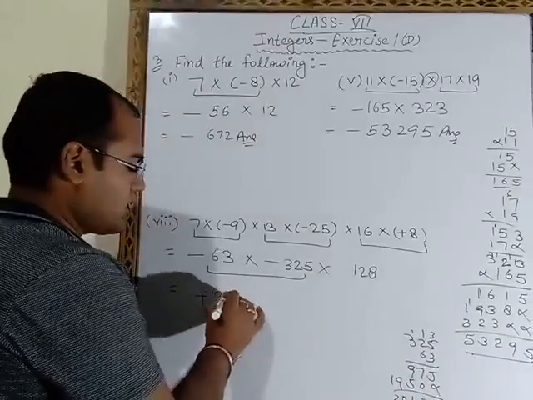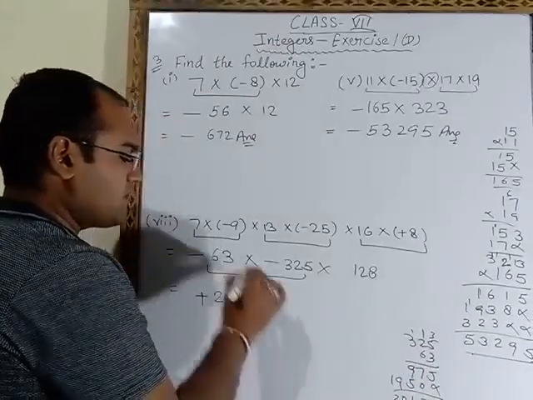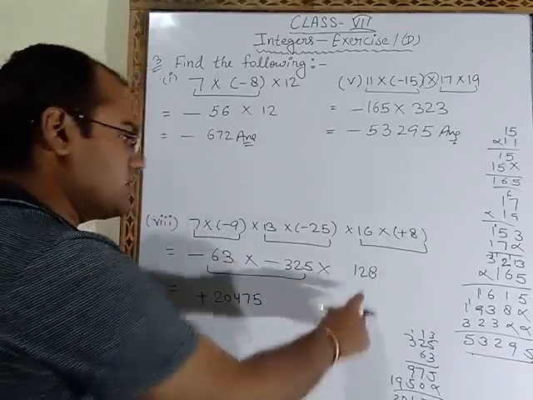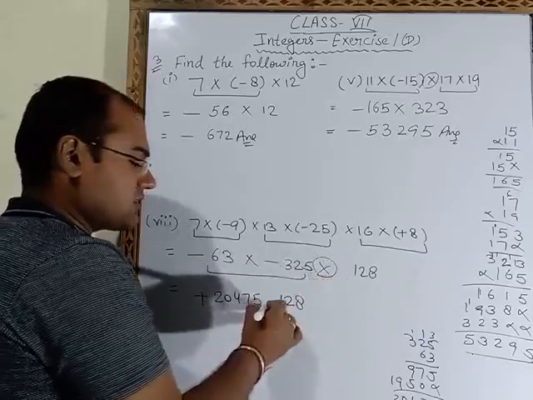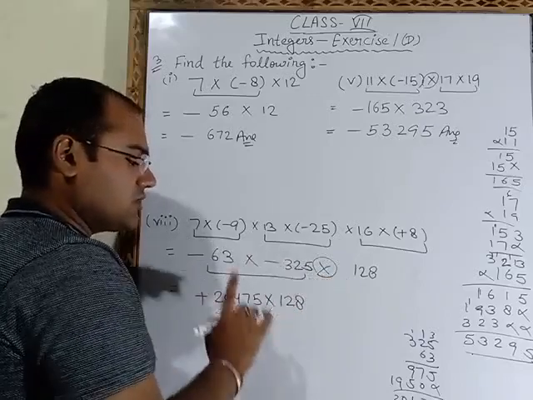So the answer is 20,475. This one number we have to write as it is. But this sign is remaining, so we have to put this sign in between these two numbers.